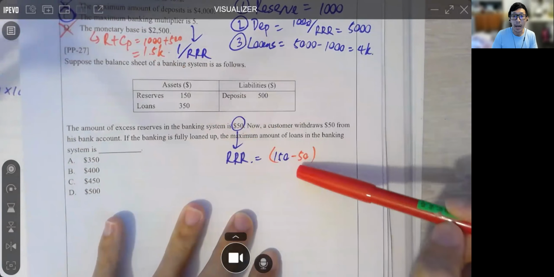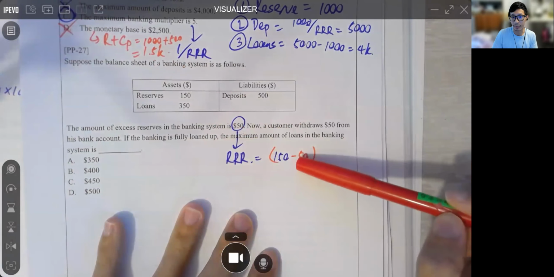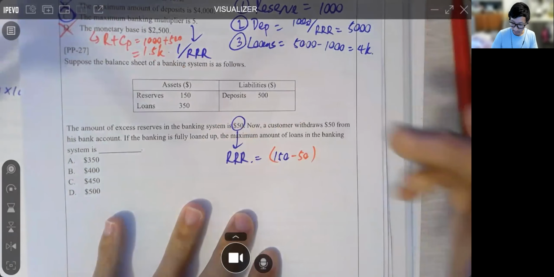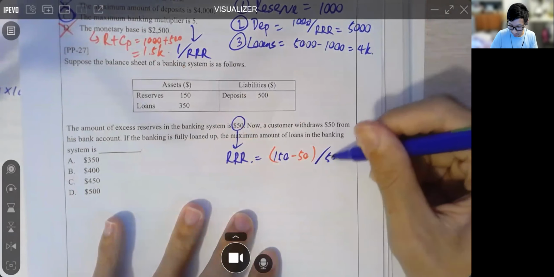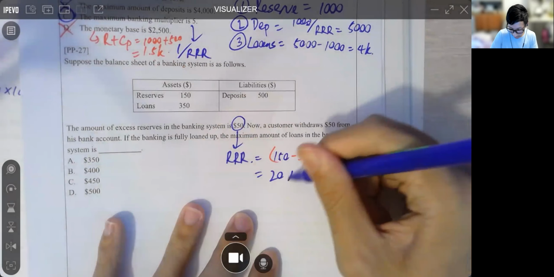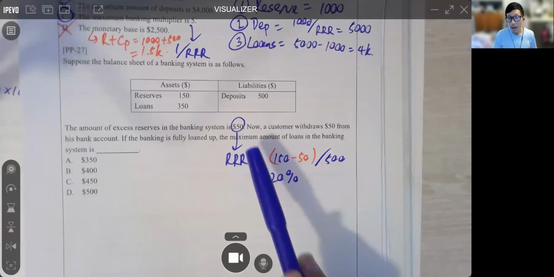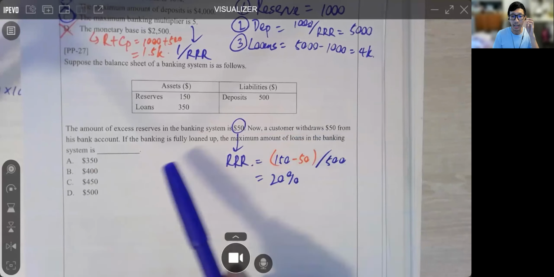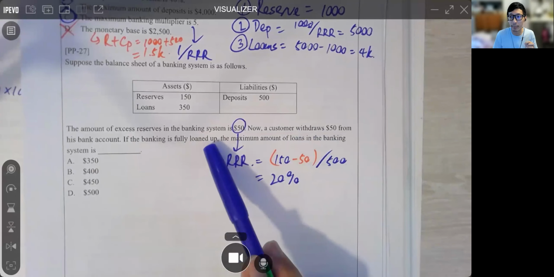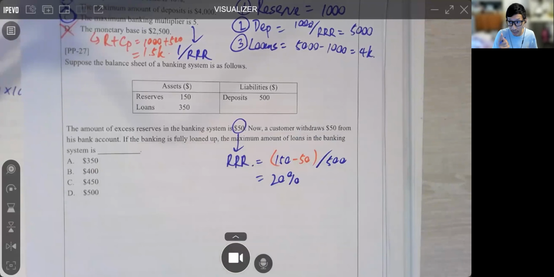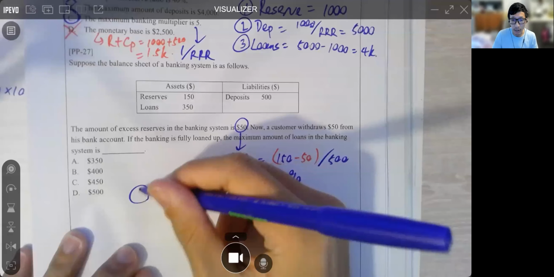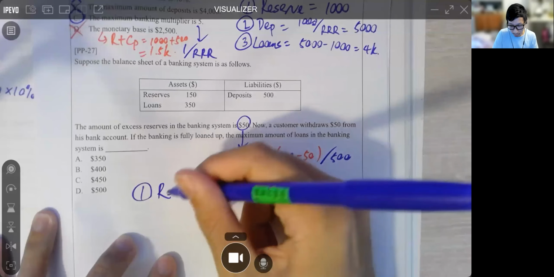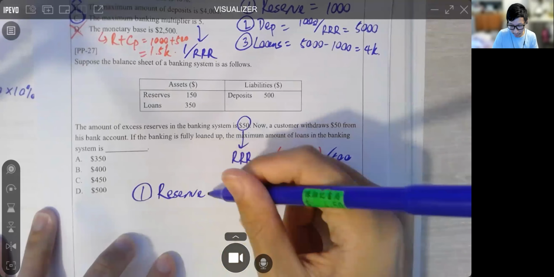We need to minus the excess reserve, then divided by deposit, which in our case, I think would be 20% again. Now a customer withdraws 掹走咗錢啊。If the bank is fully loaned up, 即係 does not hold excess reserve later 啦，係咪？Later on they do not hold any excess reserve. 又係啦。Let's do our steps. What would be the new reserve? 新嘅 reserve.